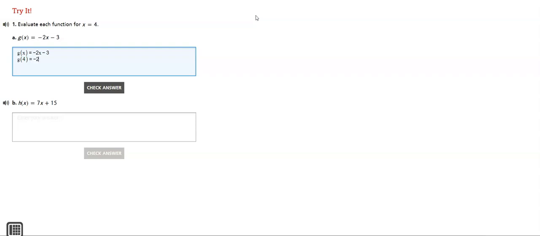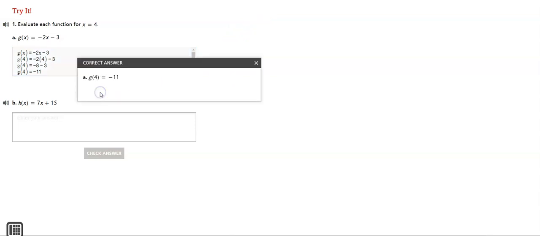Well, it's going to equal negative 2 times 4 minus 3. So now I'm just going to solve. g of 4 equals negative 8 minus 3. So g of 4 equals negative 11. I'm going to check our answer, and we are correct.